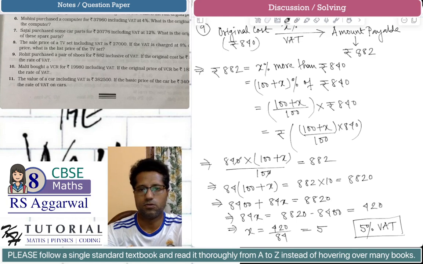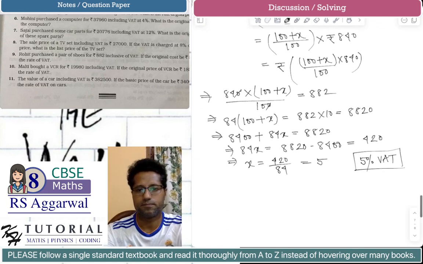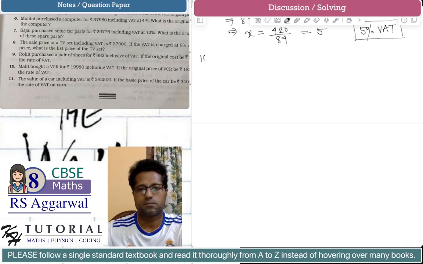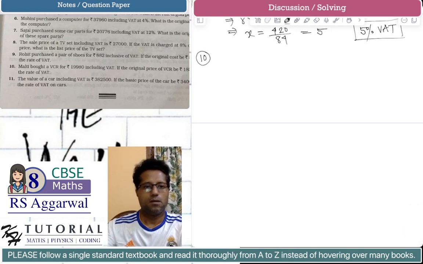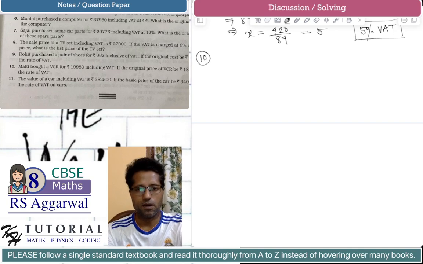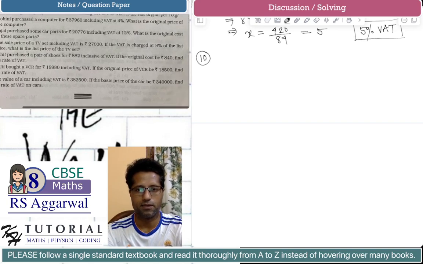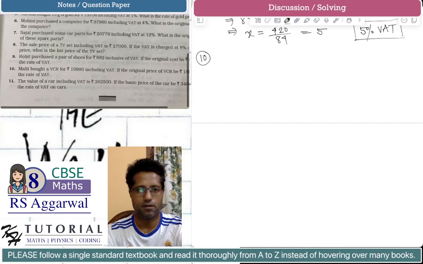Okay, let's do problem number 10. Malti bought a VCR for rupees 19,980 including VAT. If the original price of the VCR be rupees 18,500, find the rate of VAT.